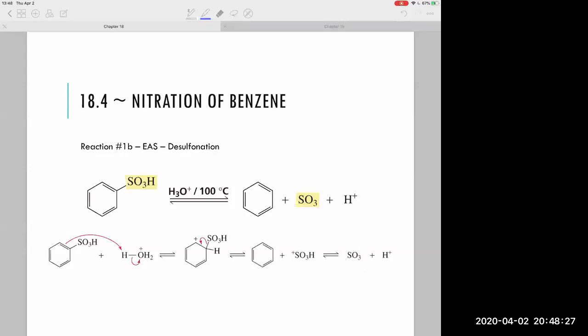And then as we saw before, this compound here is in equilibrium with SO3 and H+. So you can remove that sulfonium group as well, with acid and heat, right? So basically these are in equilibrium. It doesn't strongly favor one side of this chemical equation or the other.